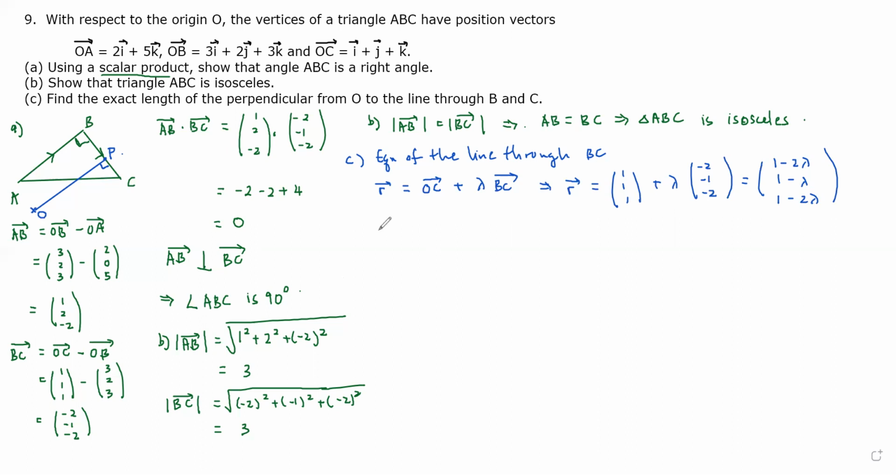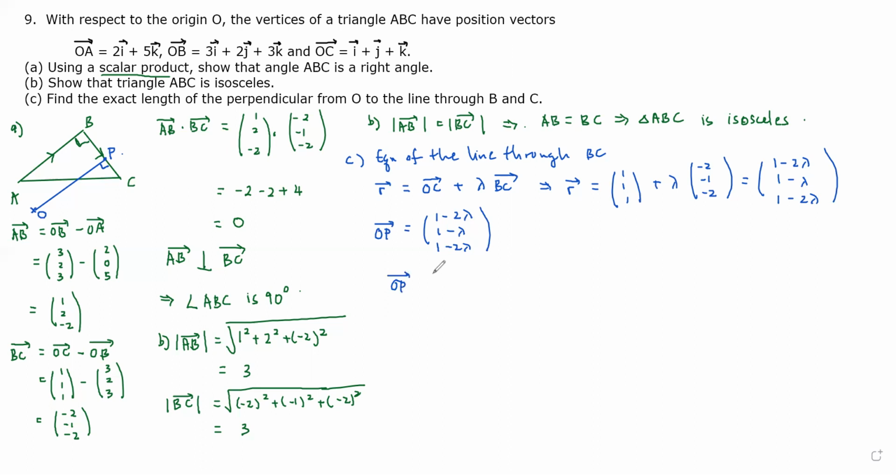Now let's say vector OP here is the position vector of any point on BC. We consider this to be point P. Any points on BC will have such a position vector, but we need to ensure that vector OP is perpendicular to BC. So we need to find the value of lambda such that OP is perpendicular to BC.